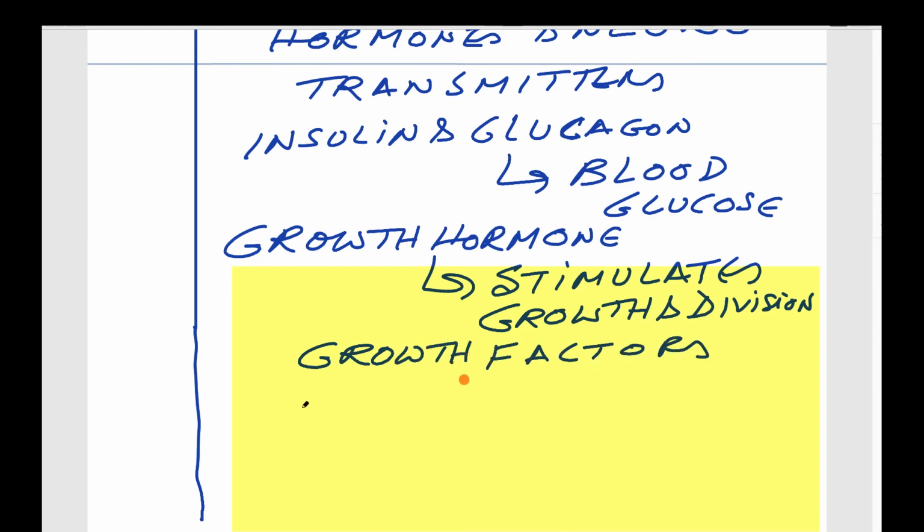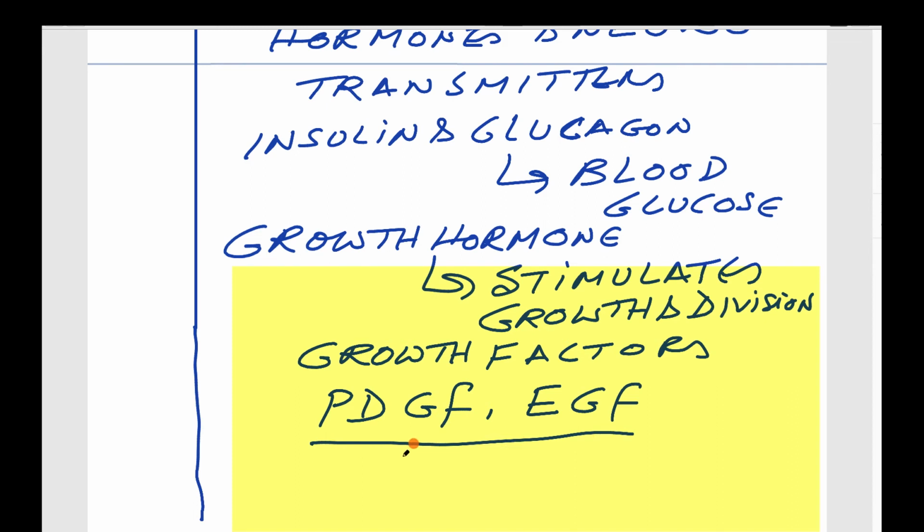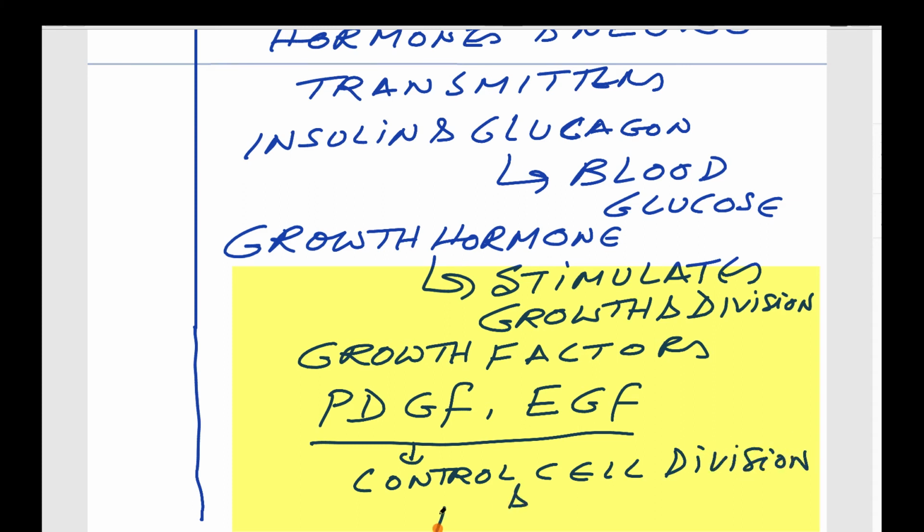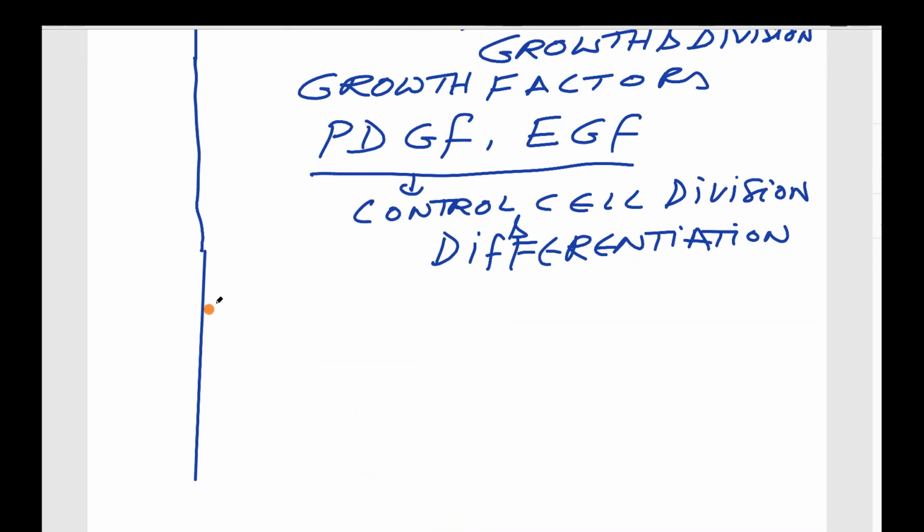Can we have examples? Yes. PDGF, platelet derived growth factor, and EGF, epidermal growth factor. They control cell division and also differentiation. The next basis is stress response proteins.